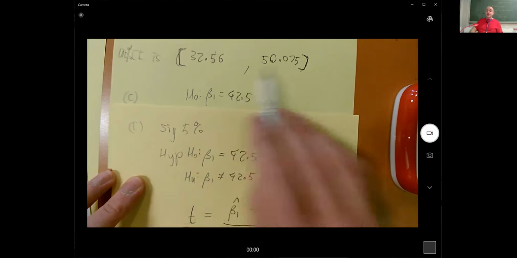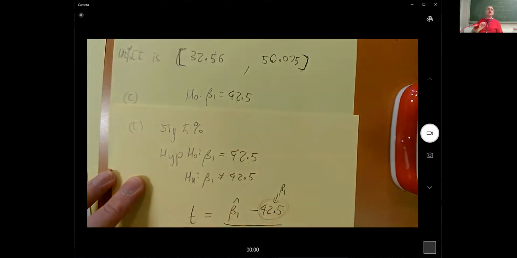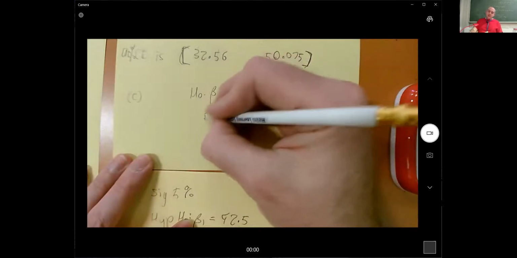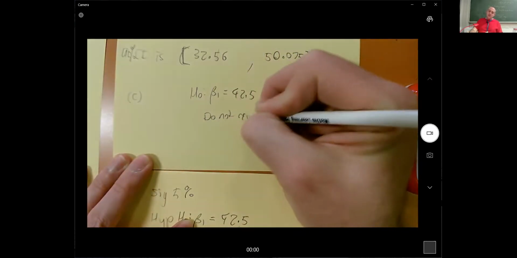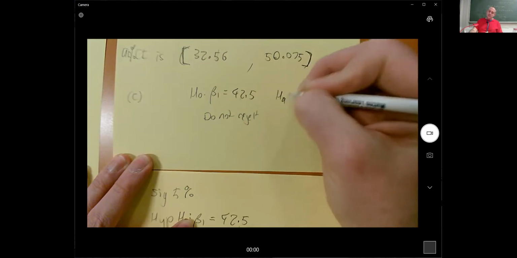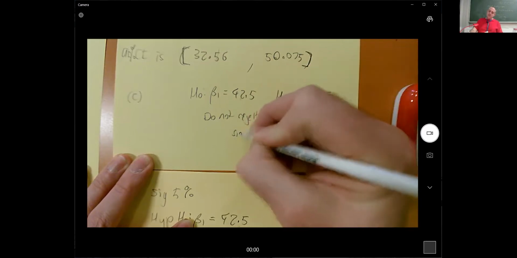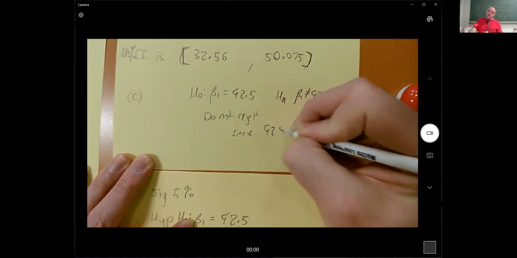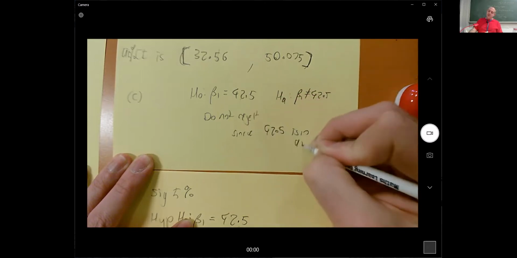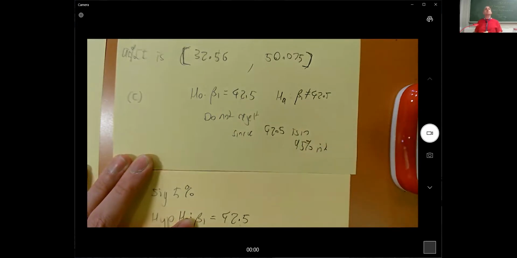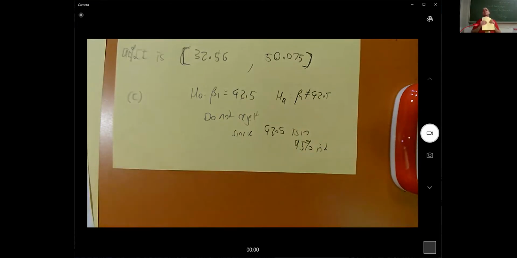Since this number is inside that zone, I'm not going to reject it. So I can say, I do not reject, since 42.5 is in the 95% confidence interval. I'm allowed to do that.